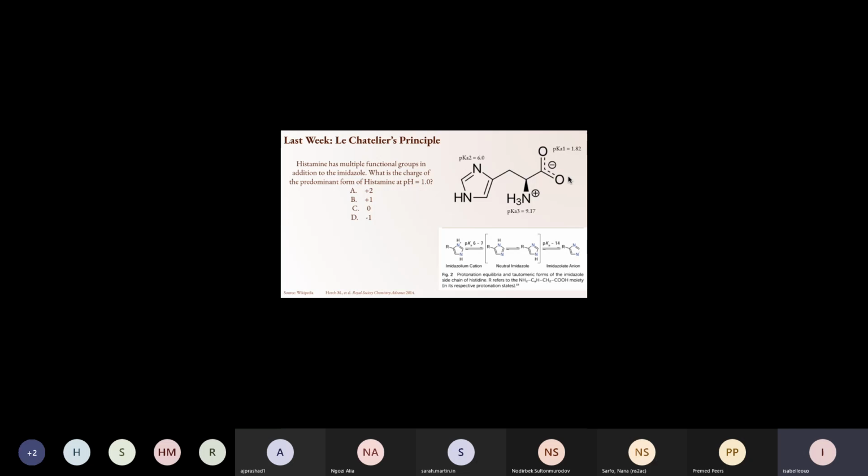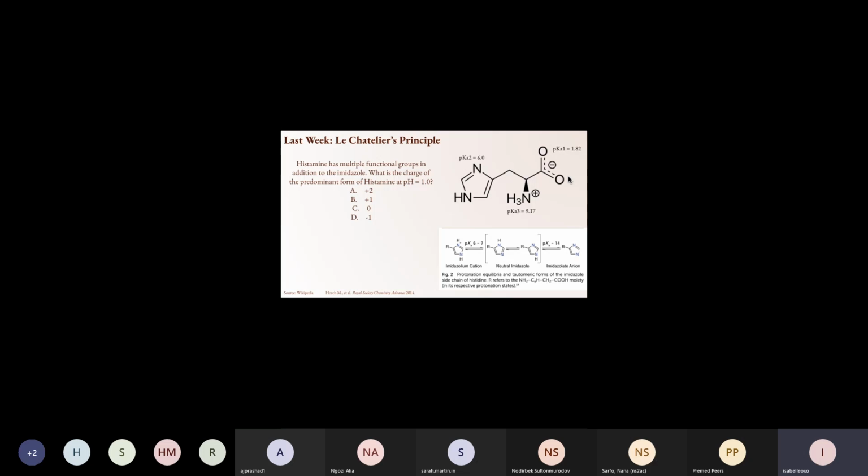So I would write down that for pKa1, that reactive group would get protonated. Will that negative charge still be there once it gets protonated?